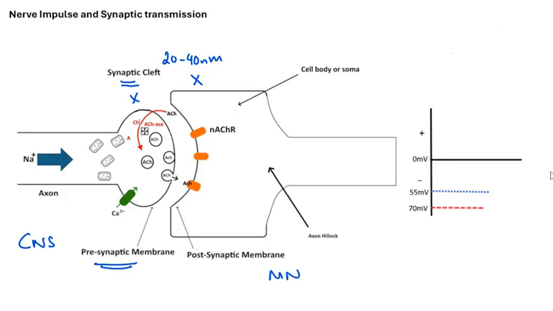The end of the cell, which is the cell of the central nervous system, contains a large number of vesicles that contain the transmitter substance, which is called acetylcholine. And this is stored within these vesicles.